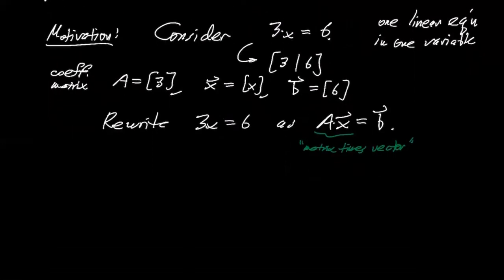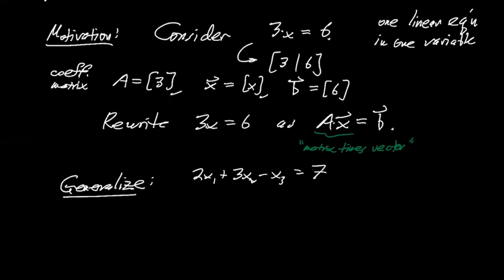What if we had something like, let me just make something up, 2x1 plus 3x2 minus x3 equals 7, and negative x1 maybe plus 0x2 plus 3x3 equals negative 4, something like that, right?